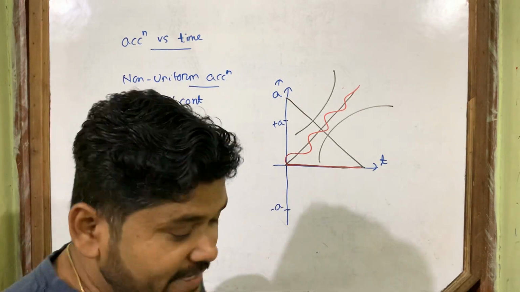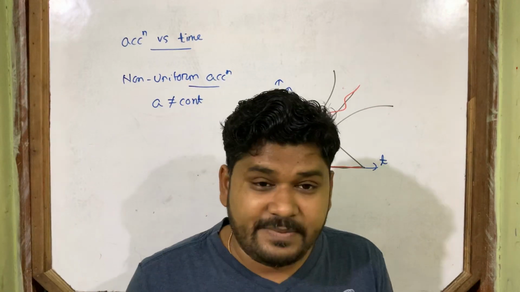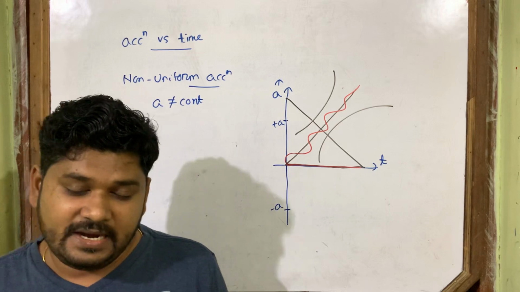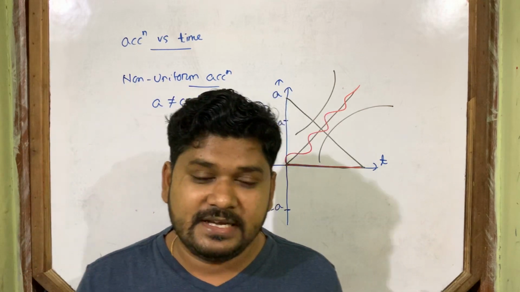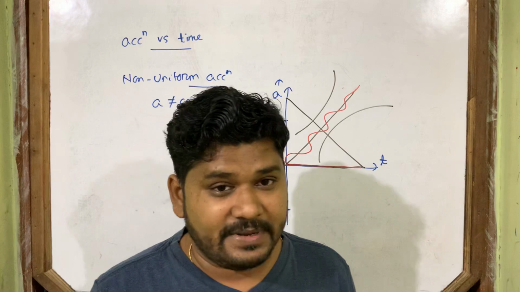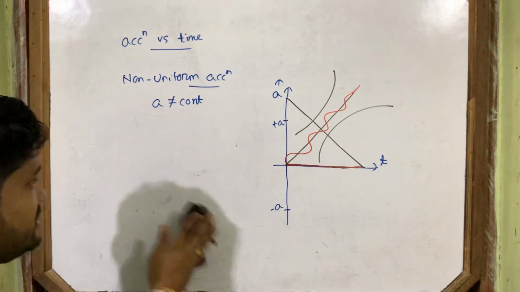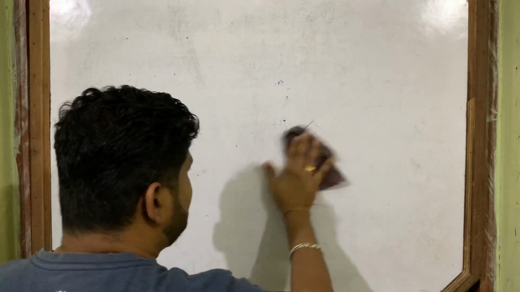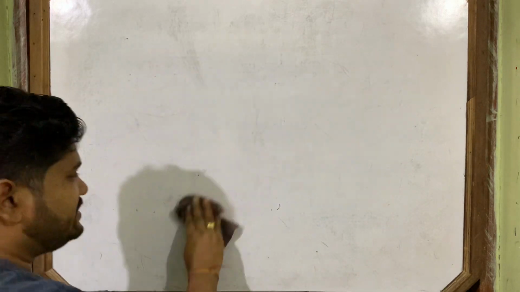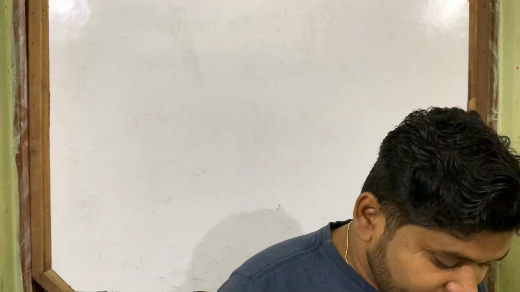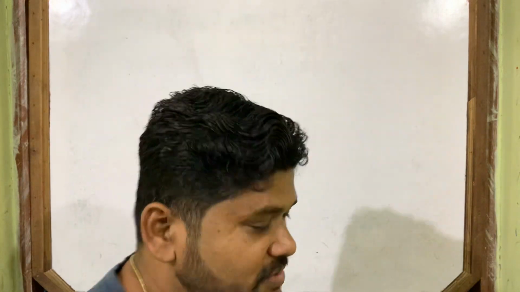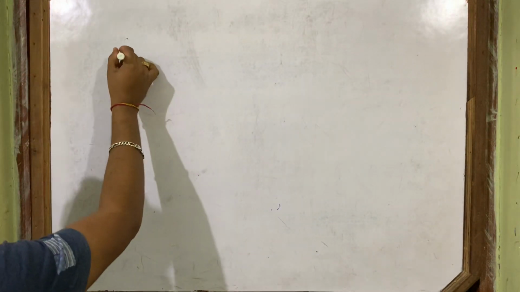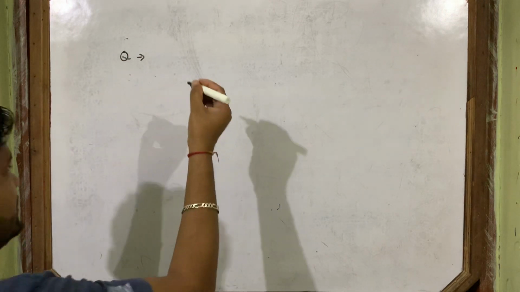So now I told you what is the velocity time graph, and I drew it for different bodies, and what is the acceleration time graph. But now we'll do some related questions about the acceleration time graph and velocity time graph. The first question, which is very important, always comes in the exam.